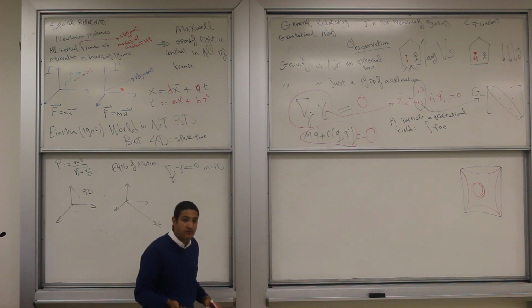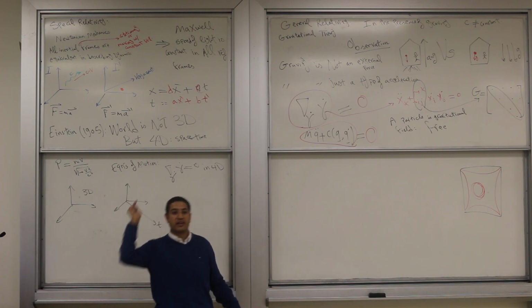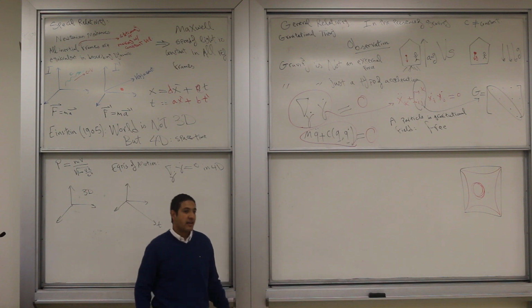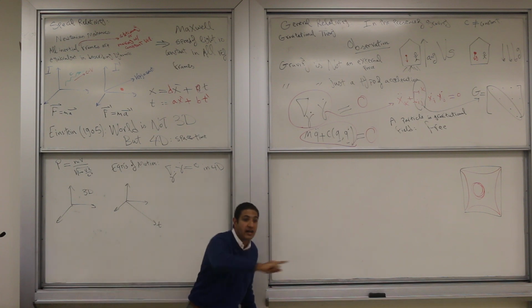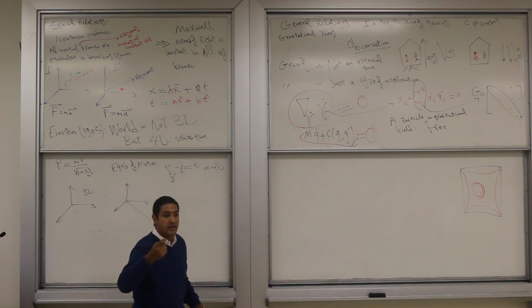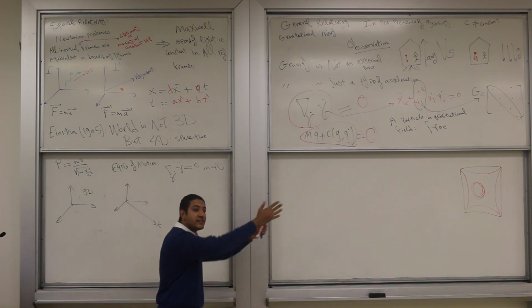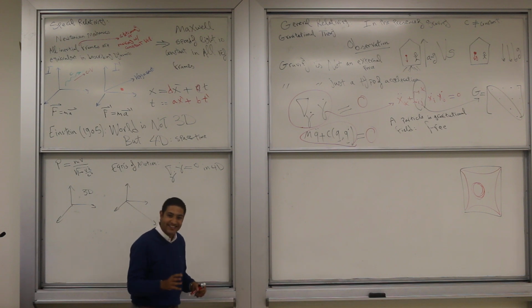And now you are evolving any particle, any falling particle, any orbiting satellite, any planetary orbit. These are simply all geodesics of this curved 4D space.